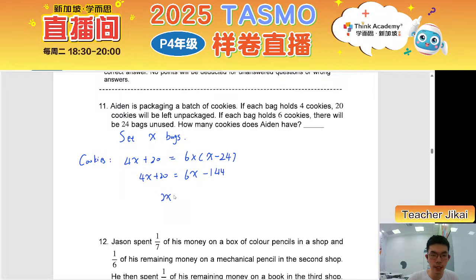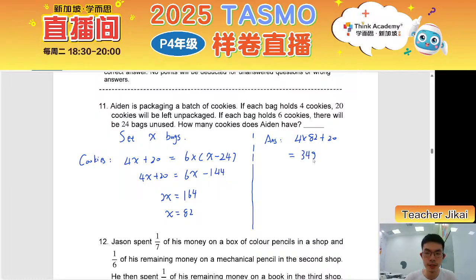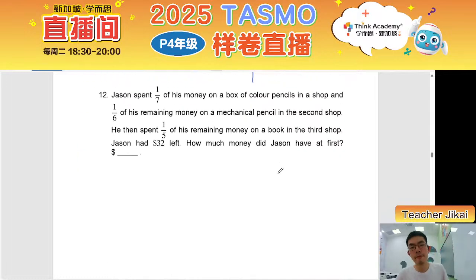So 2x is 164, and x is 82. Altogether we have 82 bags in total. So how many cookies does it have? It will be 4 times 82 plus 20, which is 348. Yes, 348 cookies. Or you can calculate it by 6 times 82 minus 24. It is the same.